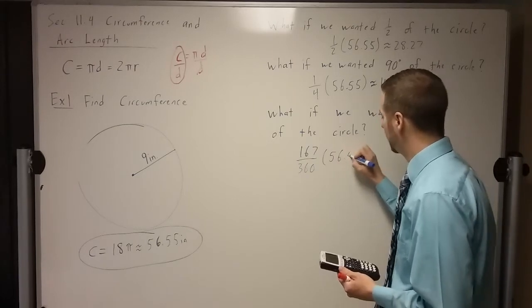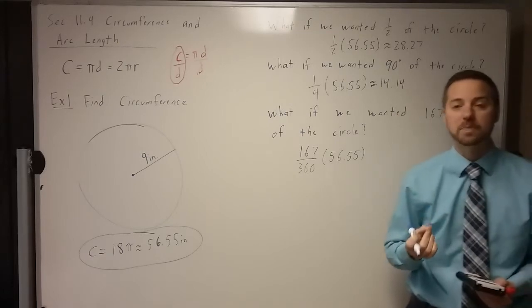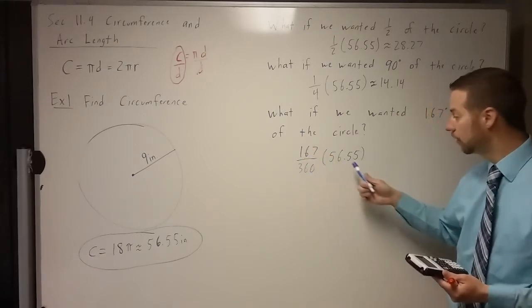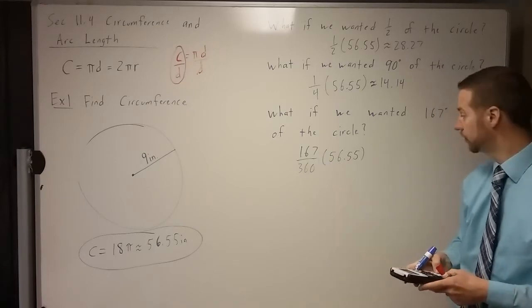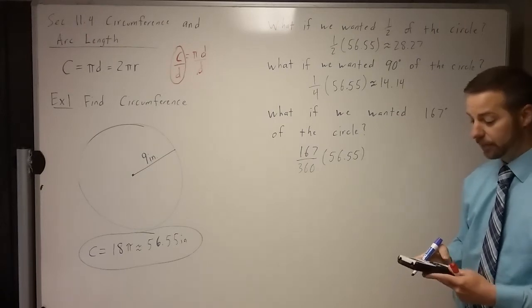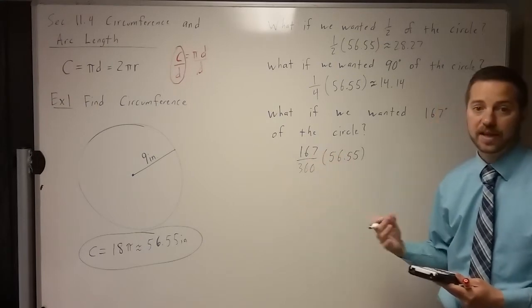Now remember, as far as math goes, when you hear the word "of," it means multiply. So we want this fraction of the circumference, or of the whole circle, so we want that fraction times 56.55. There's a couple different ways you could type this in a calculator. If you have the ABC button, you could use that on your calculator.